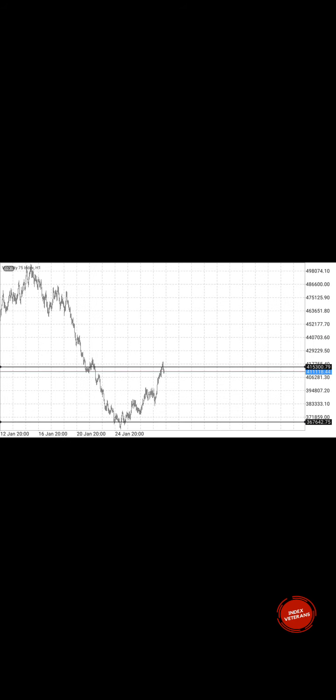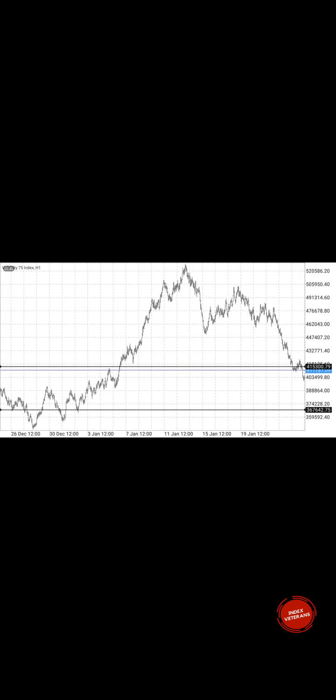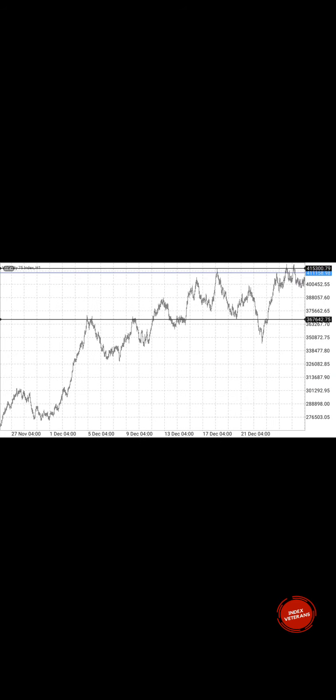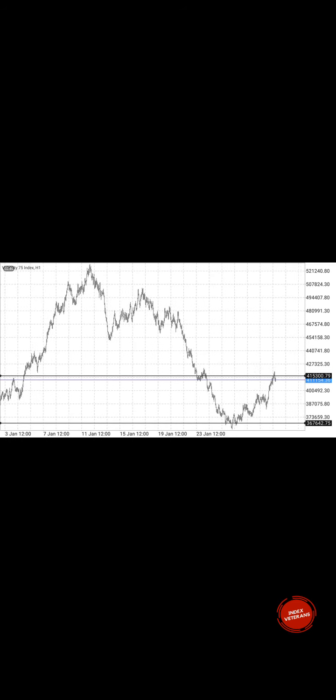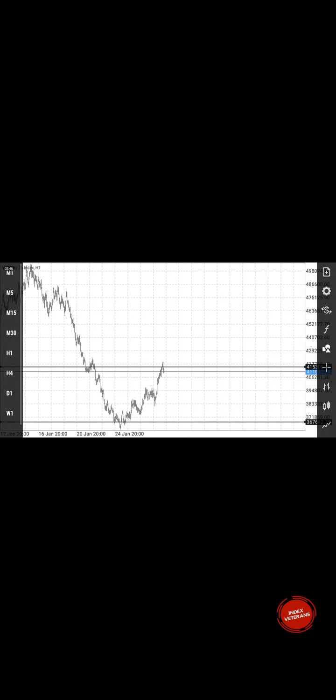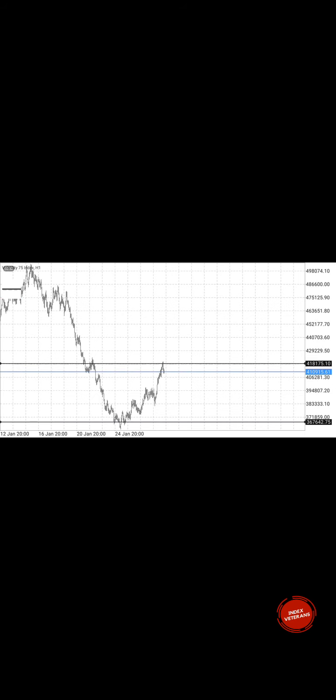Also, I will go to the 1 hour to get more areas of support and resistance and everything. But I usually analyze the support and resistance between where the price is. You now see when you go to 1 hour, the support and resistance line is between those places.